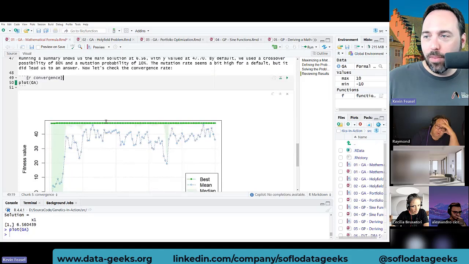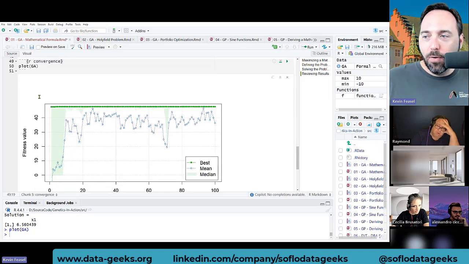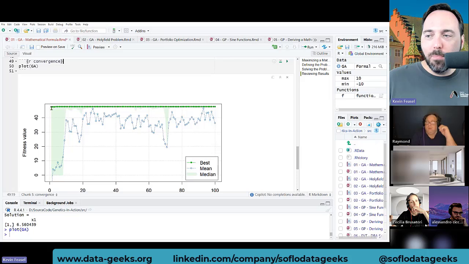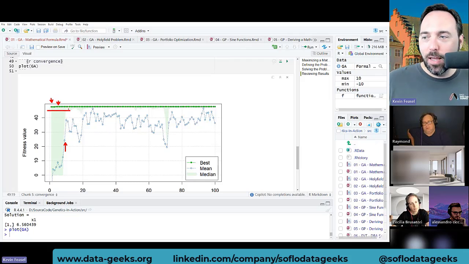And if I plot the convergence of this, what we see is my best score, my median score, my mean score. The first few generations, it's actually kind of not great. The best scores, even early on, actually do a good job in this run-through. We can see that they come close to maximizing, but it took maybe 15 generations for us to get rid of most of the bad solutions.